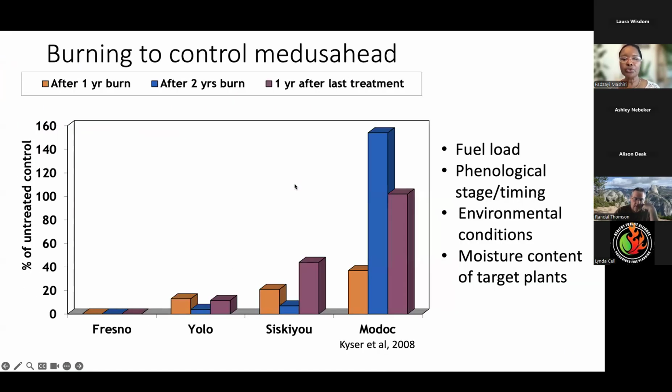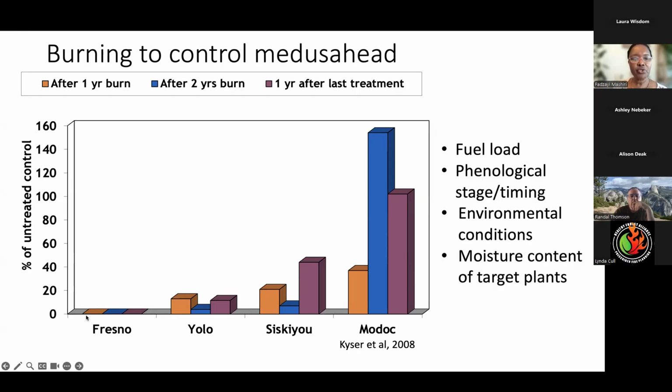But we also really need to pay attention to the environmental conditions across the areas that we are trying to control medusahead in, and focus on the phenological stages instead of the month of the year, and make sure that we are going in after the desirable species have dropped their seeds and the seeds of medusahead are still on the seed heads.